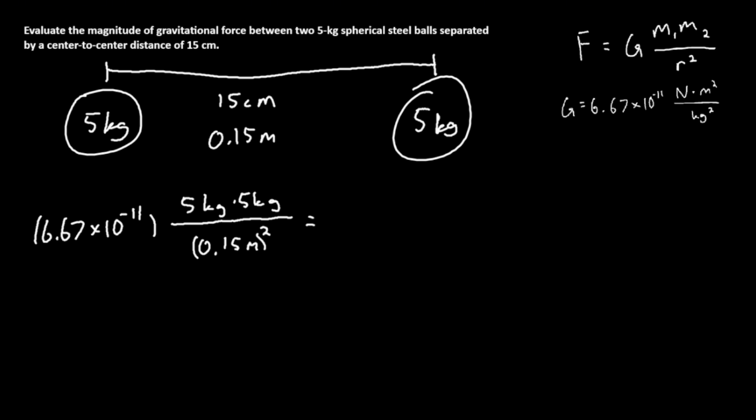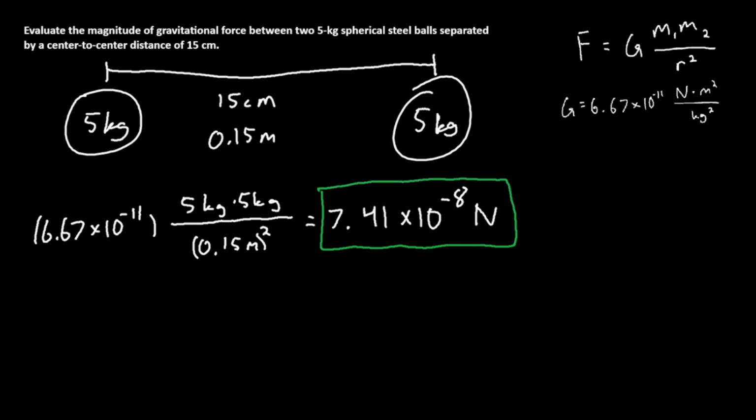Once you evaluate this, you should get a final answer of 7.41 times 10 to the power of negative 8 newtons. Now, this is a very small number, but as I've said, no matter how small the mass of anything, gravity has a force. And this force for these 5 kilo balls is very, very small. It's 7.41 times 10 to the power of negative 8.